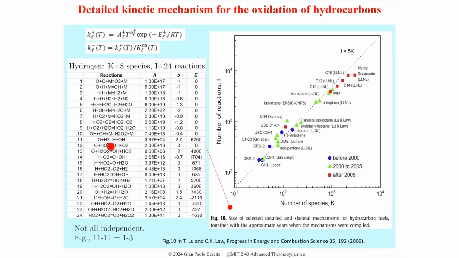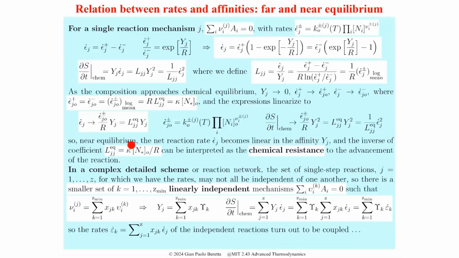And there are many other linear dependencies here. So let's go back. So up to here is the same slide that we were on a minute ago. This is the new part.